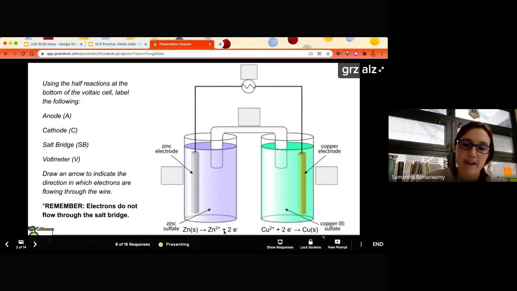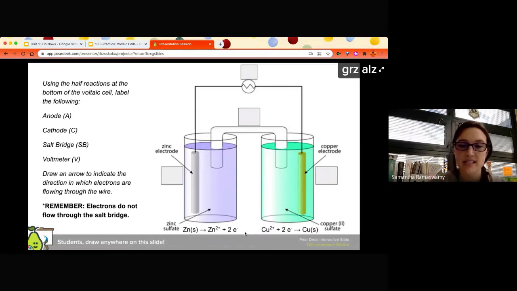I give you the half reactions at the bottom. You'll see that Zn is going to Zn2 plus, and Cu2 plus is going to Cu. Think about what is the oxidation half reaction and what is the reduction half reaction, because that helps to tell you the anode and the cathode. Good, I see a lot of people putting in arrows.